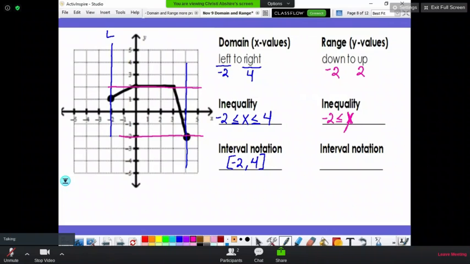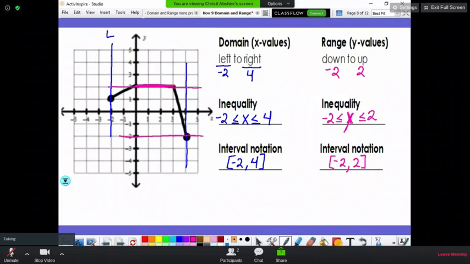It's not any open circles along this where it's in line with 2. So I do also say or equal to when I talk about that +2. For interval notation, for the range, I would go from -2 to +2 with brackets because of the closed circles and the included points.